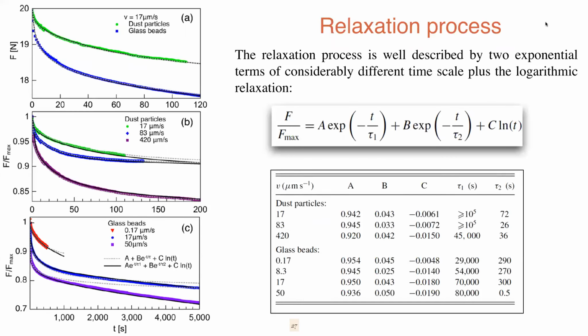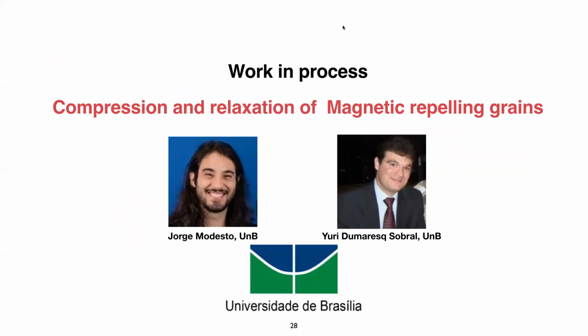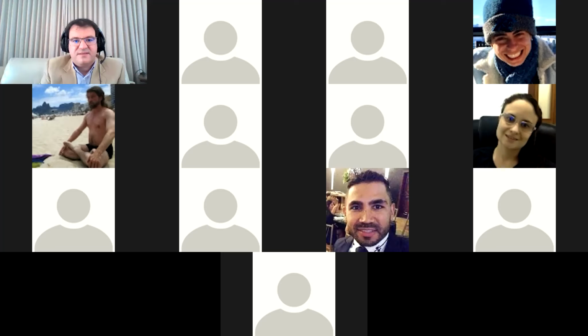Okay, no. So Felipe, when you change from dust to glass particles, you are also changing the size of the particles, right? I'm sorry, I'm going to stop sharing. Okay.